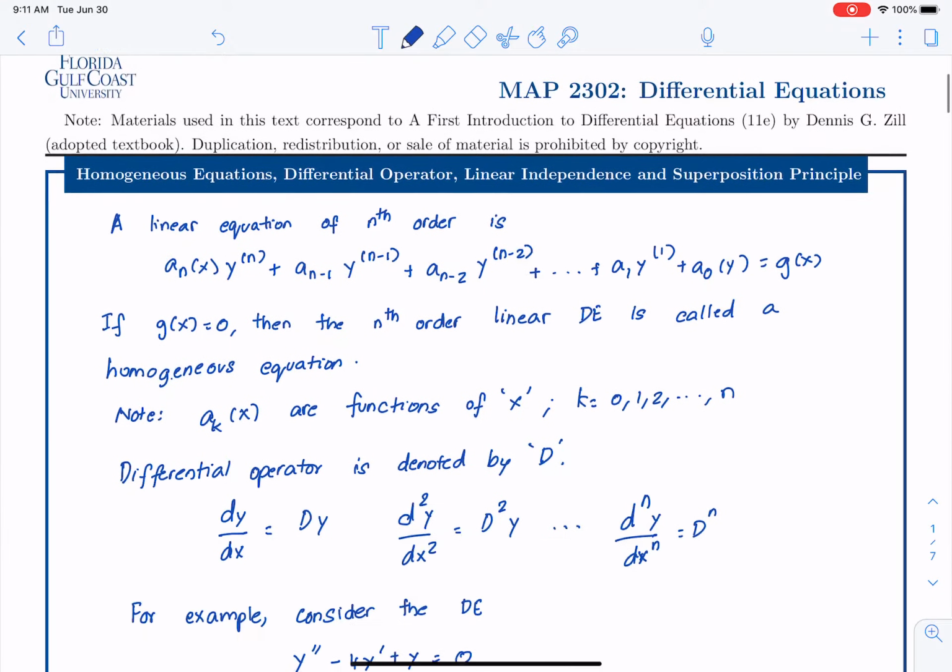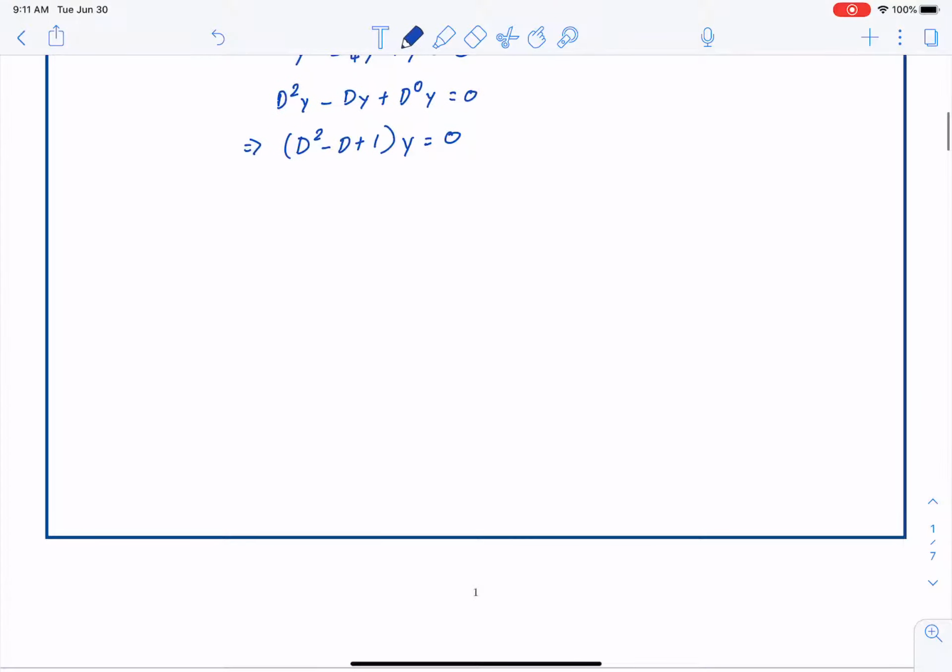And then another important principle is the superposition principle.